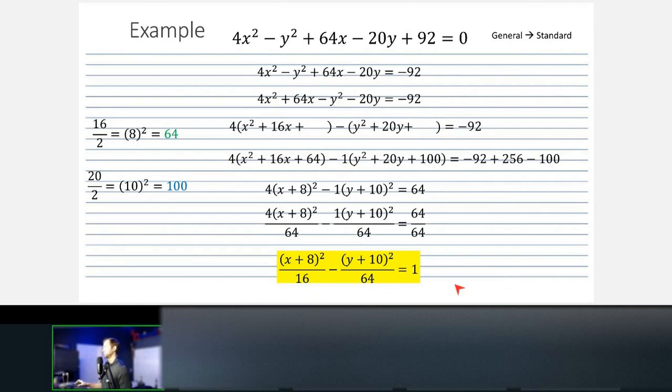What happened to the negative 1? So this one right here. I'm glad you asked. All right. So when we divide everything by 64, we just wrote that, right? 1 over 64 is already reduced. So when you write your final answer, do not put that 1 there because it is not simplified.